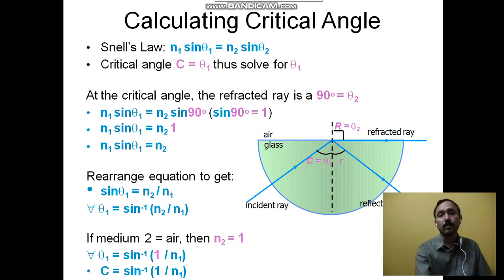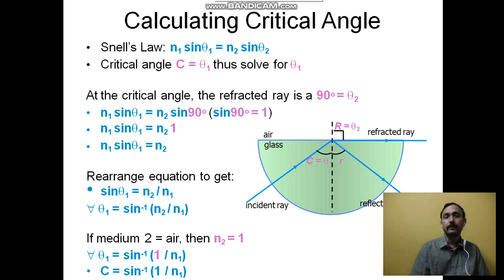From Snell's law, with glass having refractive index N1 and air having refractive index N2, N1 sine theta 1 is equal to N2 sine theta 2, where theta 1 is the angle of the incidence ray.